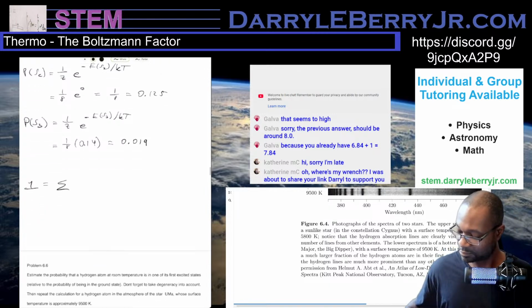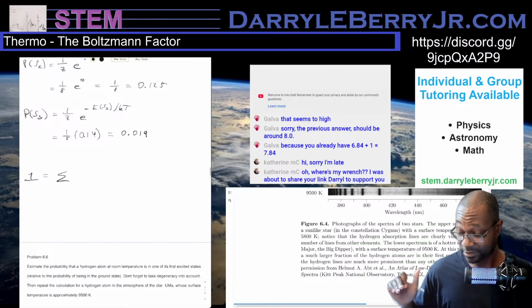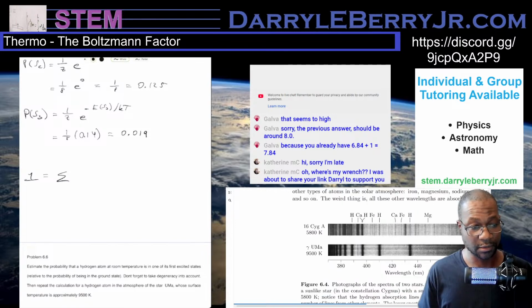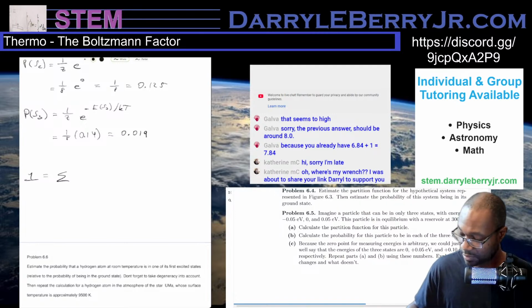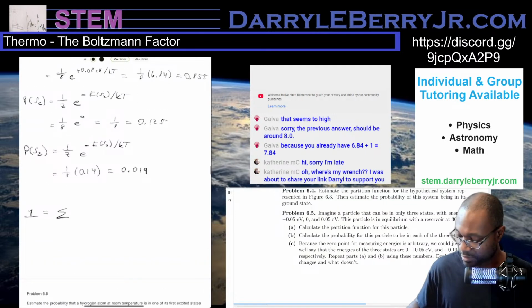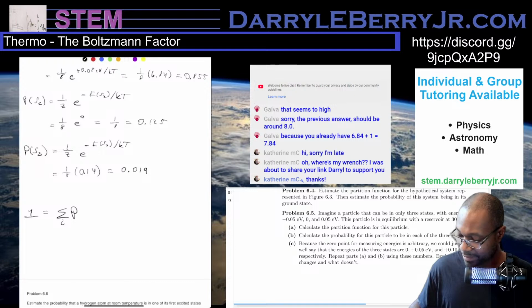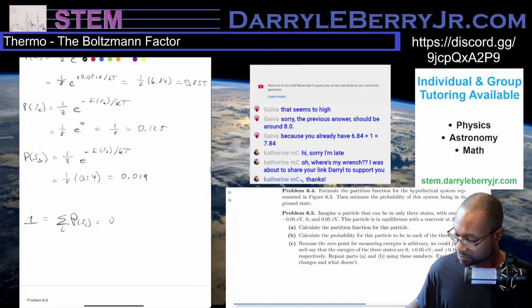So there we go. Just to test this, the probabilities should all add to 1. So that should be the sum over i of the probability of Si. So that should be 0.855 plus 0.125 plus 0.019.